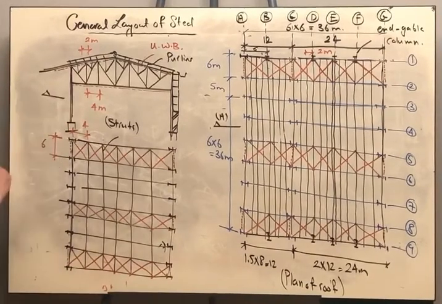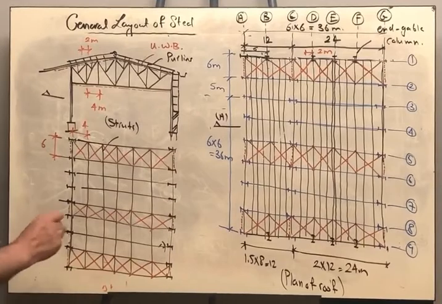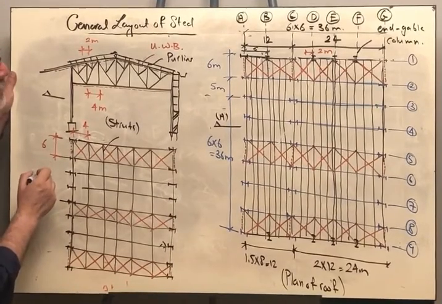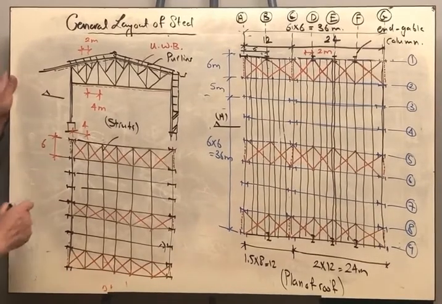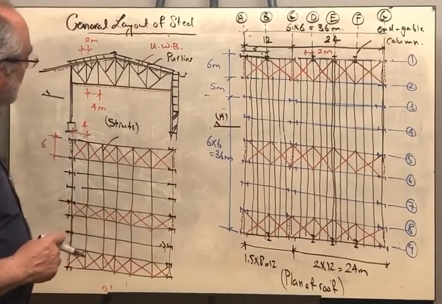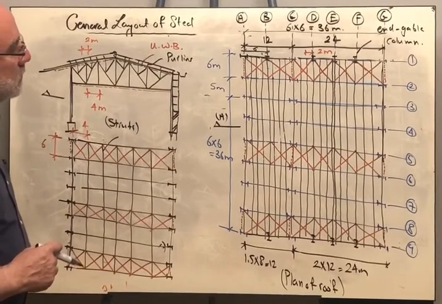There remains the columns, because we are having here the end gable columns. They are connected every 6 meters. That's not possible.